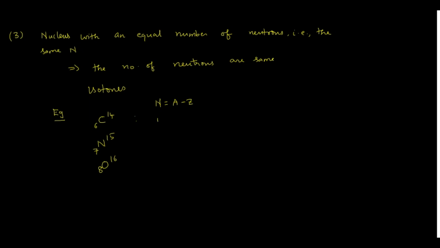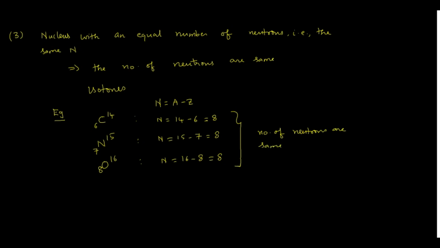A is 14, Z is 6, therefore 8. And here n is equal to 15 minus 7, that is 8, and here n is equal to 16 minus 8, that is 8. And notice that in all these three nuclei, the number of neutrons are the same or constant, right? Here it is 8.